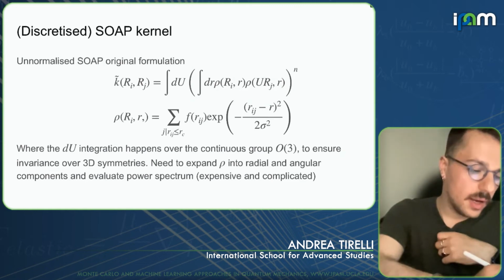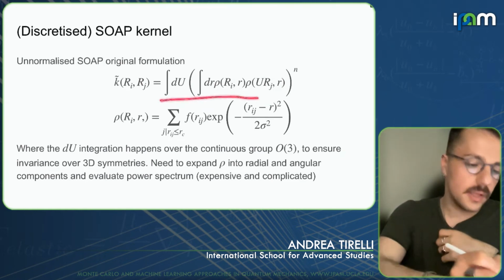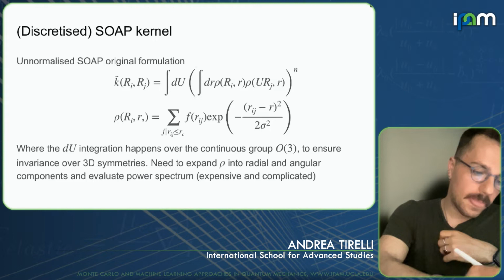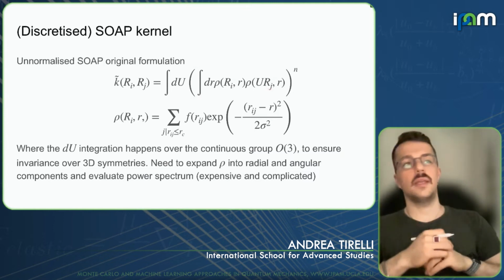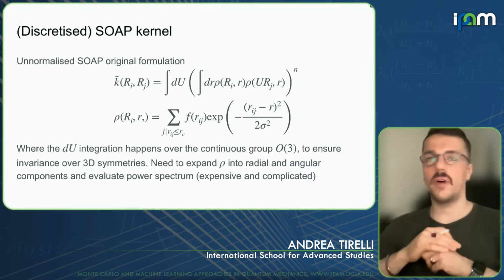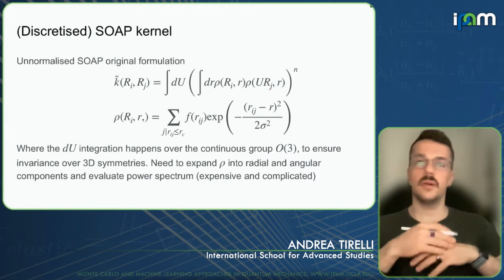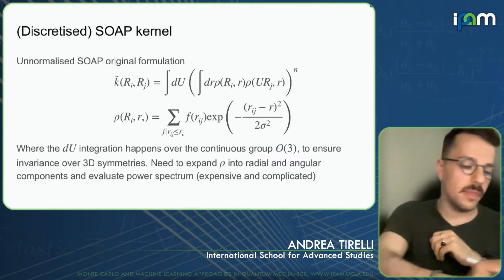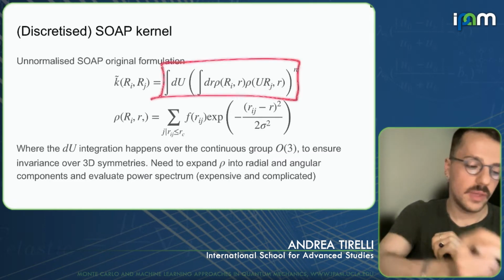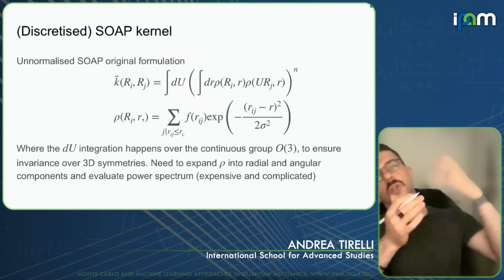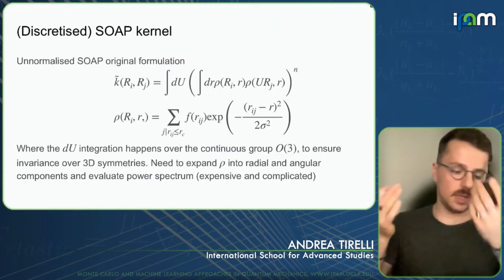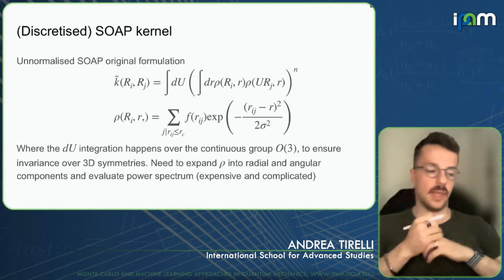And so this is why we integrate these. We basically compare local environment I with all possible rotations of local environment J, and we have to average over all of them. And we perform this by doing this integral over the continuous group of symmetries of the 3D space.